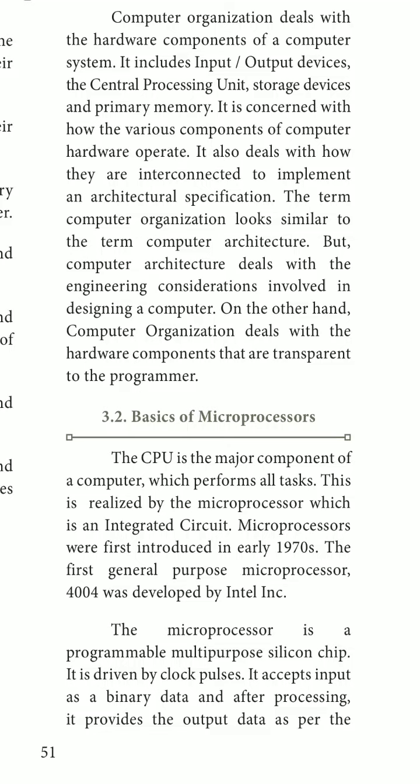On the other hand, computer organization deals with the hardware components that are transparent to the programmer, like resistors, plugs, ports, sockets, and the interfaces. You'll know where the port should be placed and what hardware should be used for this configuration. Everything is known as computer organization.